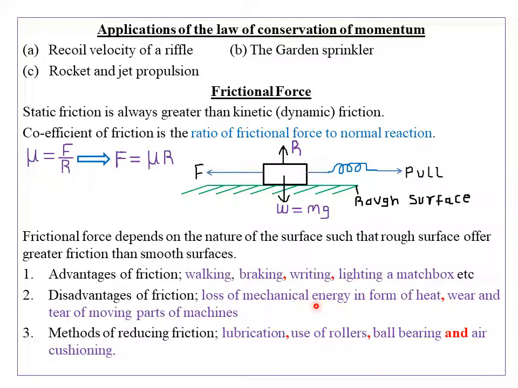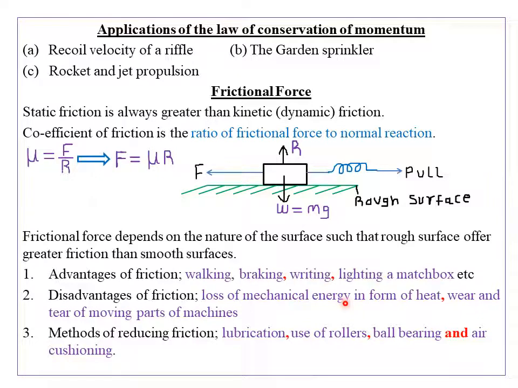And also, if you touch the moving part, you realize that the moving parts are very hot, showing that energy is being lost in form of heat. Of course, if you want to reduce that, you can apply some material to smoothen the surface. For example, you can apply some grease, or some oil, to reduce the friction by smoothening the surface, or by applying some lubricants.